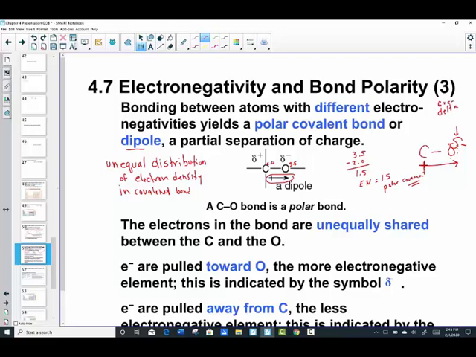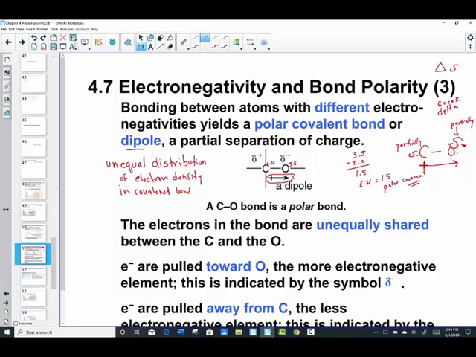The little delta sign means partially negative. And over here, this one is going to be partially positive, based on the unequal distribution of the electrons between the shared pair. Oxygen is stronger than carbon.